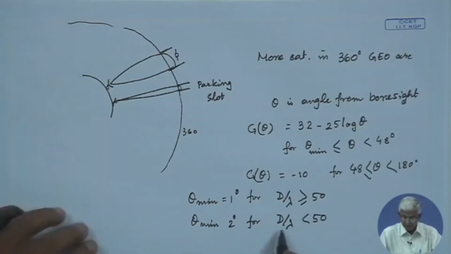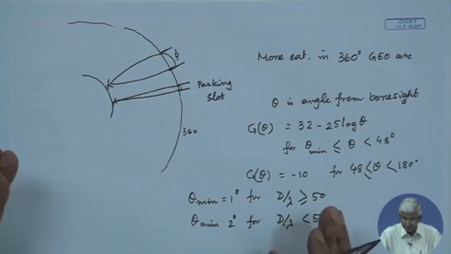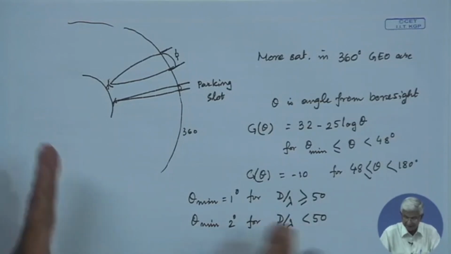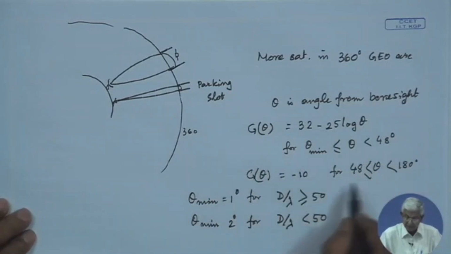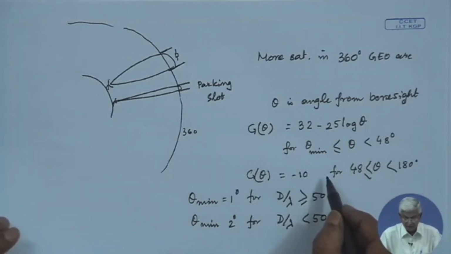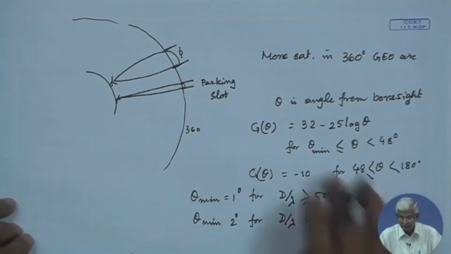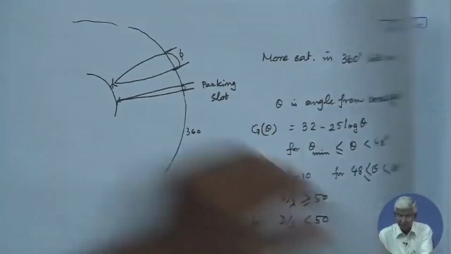So, when D by lambda is less than 50, that means the diameter is smaller and the beam is larger. So, theta minimum is 2 degrees. Here itself you can understand why it is much larger. So, this is a mask given, and internationally all ground operators working on satellite communication try to follow this mask, otherwise it will start interfering with others.